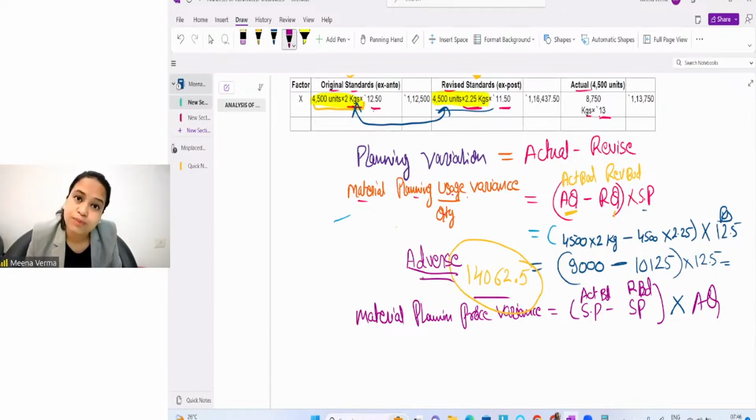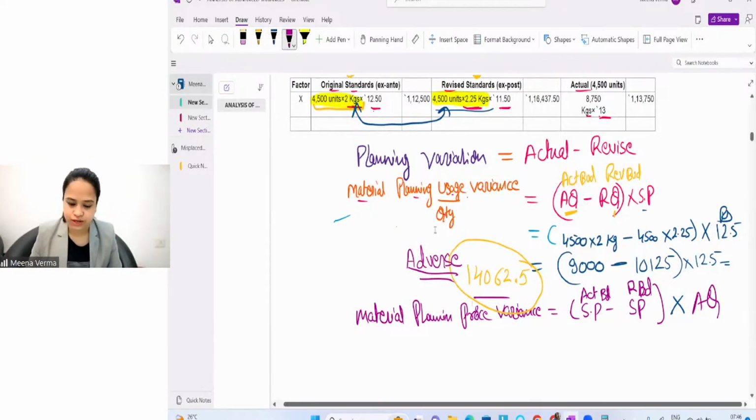Why not good? क्योंकि पहले बोल रहे हो कम quantity लगेगा, बाद में बोल रहे हो ज्यादा लगेगा. So it is an unfavorable variation, because initially you were saying that you need less raw material and later you are saying, no, we need more raw material. So this is not a favorable variation. This is the material planning quantity variation or usage variance.